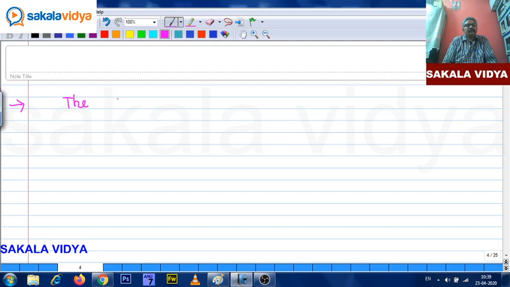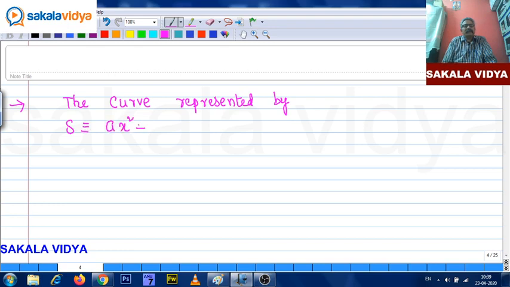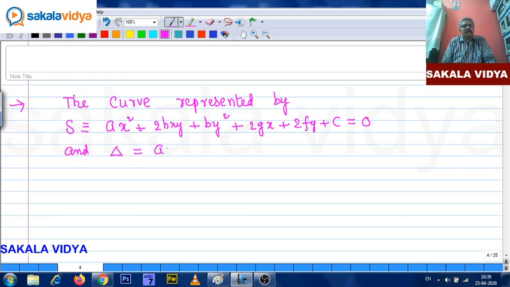The curve represented by S equals to ax square plus 2hxy plus by square plus 2gx plus 2fy plus c equals to 0, and delta equals to abc plus 2fgh minus af square minus bg square minus ch square.